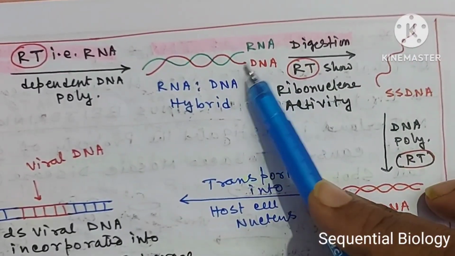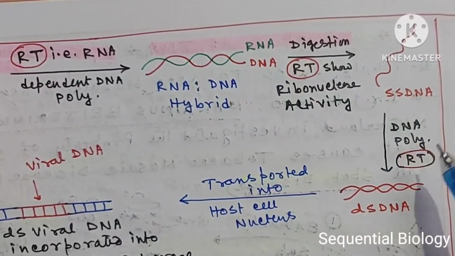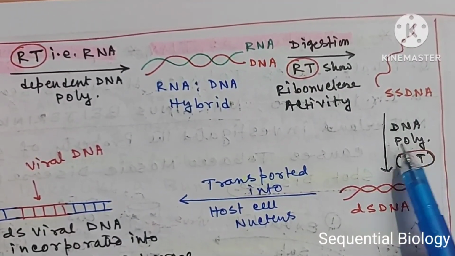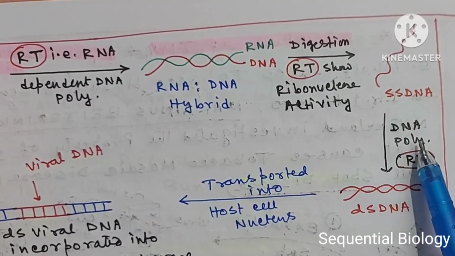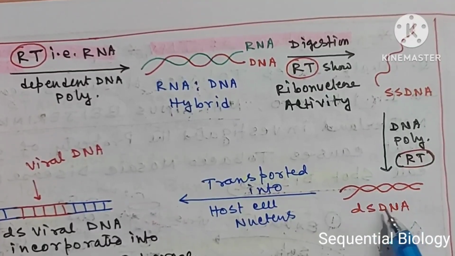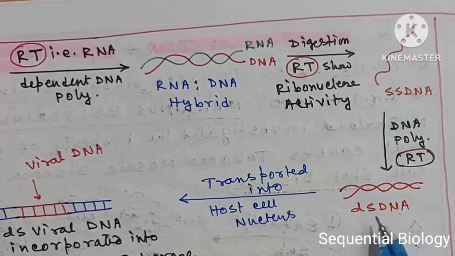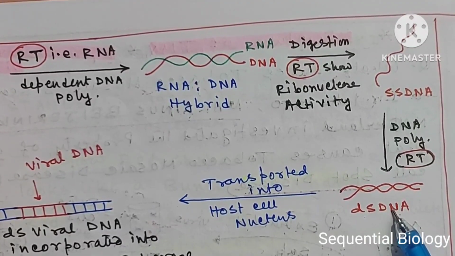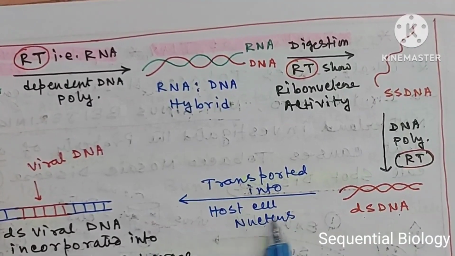Next, DNA polymerase causes the replication of this single-stranded DNA, and this is the process by which the double-stranded DNA is synthesized.